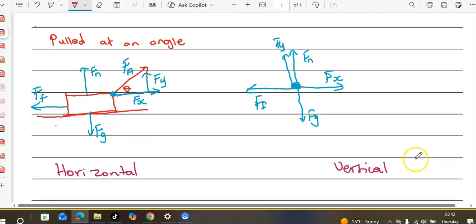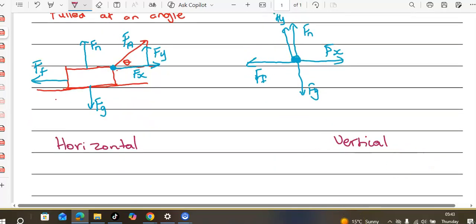So this tells me that for all the forces that are acting, let's choose a direction. Maybe we can take up as positive, okay? So if we take up as positive, all the forces that are going up, we add them, Fy plus Fn. Then we subtract all the forces that are going down and equate this to 0. Why? Because F net equals 0. Are you with me on that?